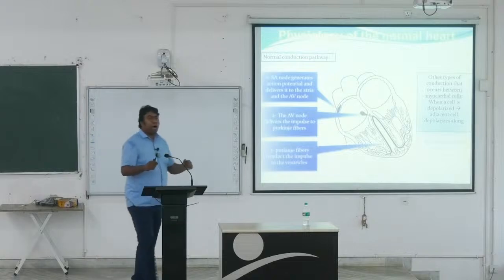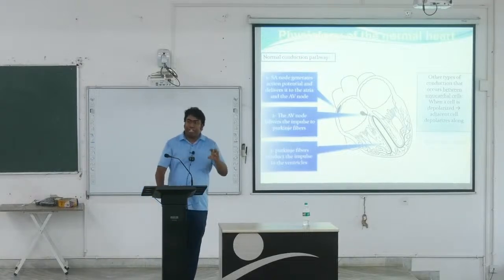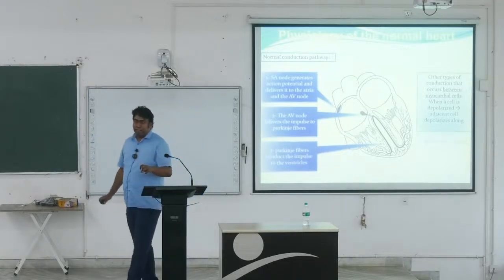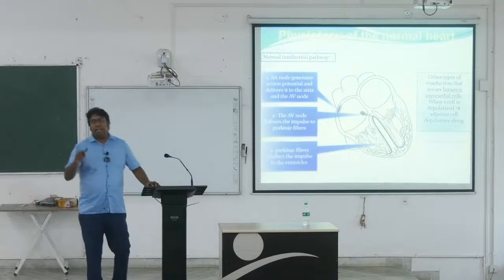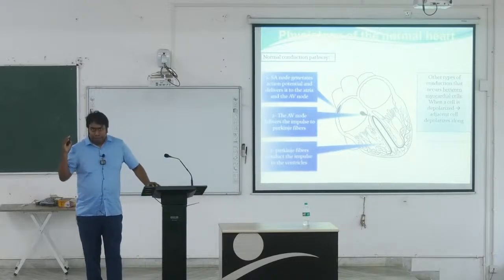So why is it very important to treat arrhythmias? Suppose the left ventricle is stimulated 130, 140 times in a minute, what will be the difficulty? What is the abnormality that leads to death of the patient? Why? It is an emergency.